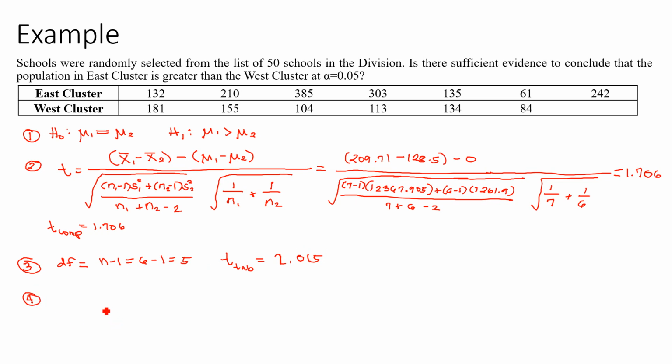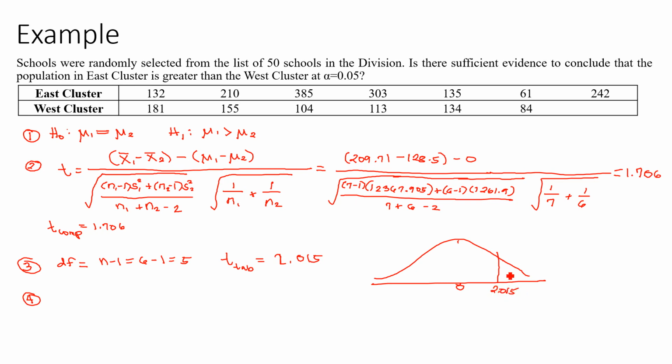Now for our step 4, we're going to determine whether we are going to reject the null hypothesis. This is a one tail test. Assuming this is our normal curve, and this is 0, this is our critical value, the tabular value, 2.015.